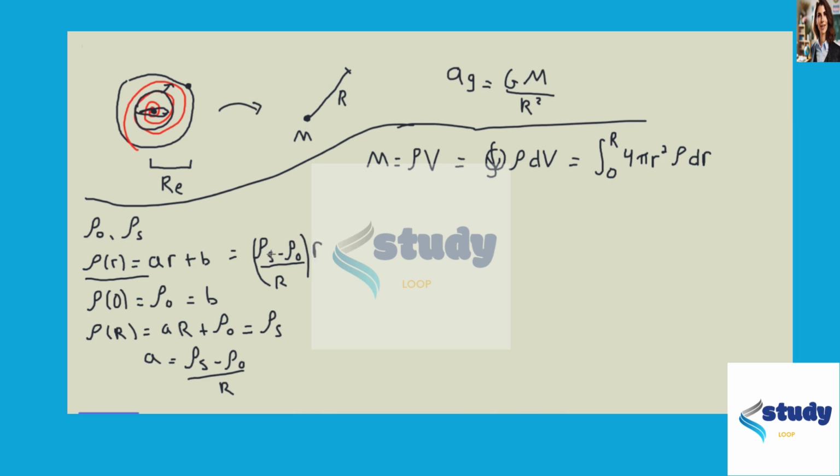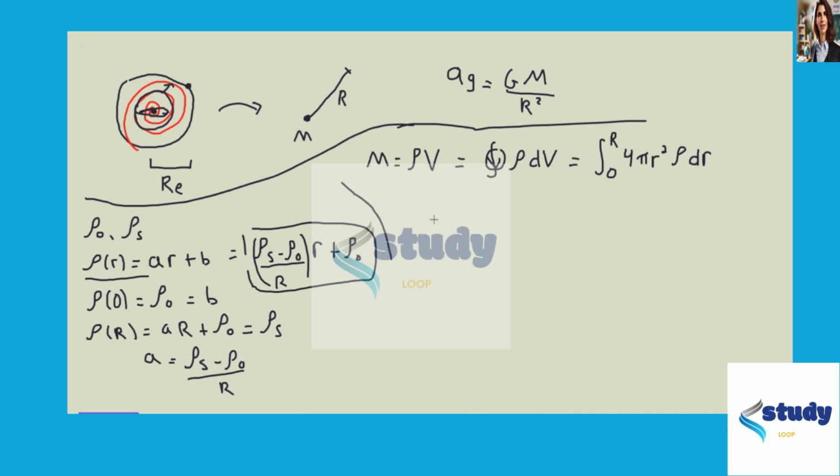So this is the linearly increasing term. And then here is our constant b, so plus rho naught. So here is our density function. And so now we want to plug that into our integral, and then we'll be able to evaluate our integral and find the mass.